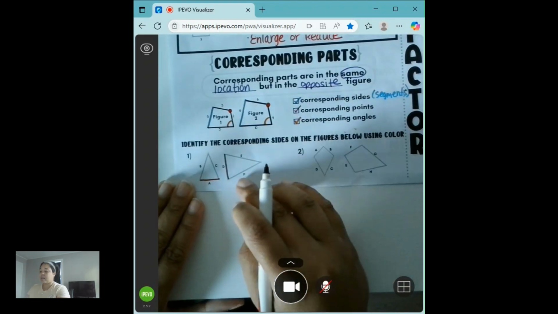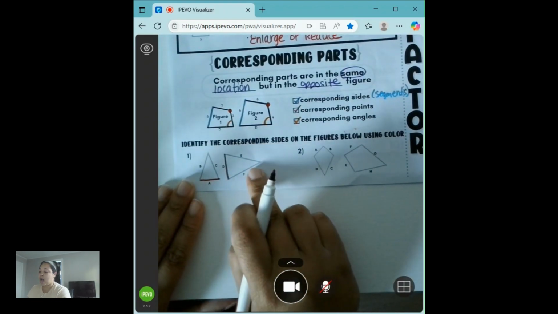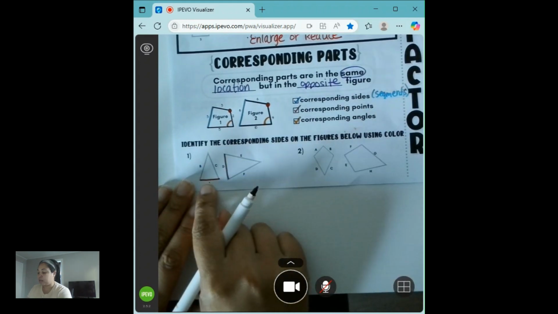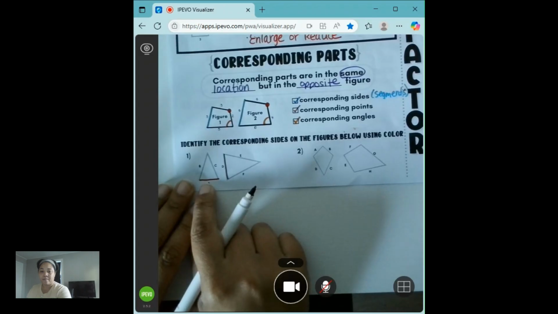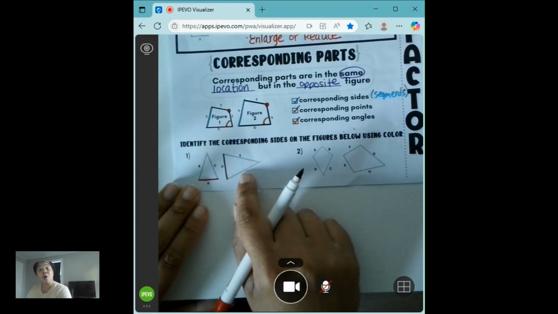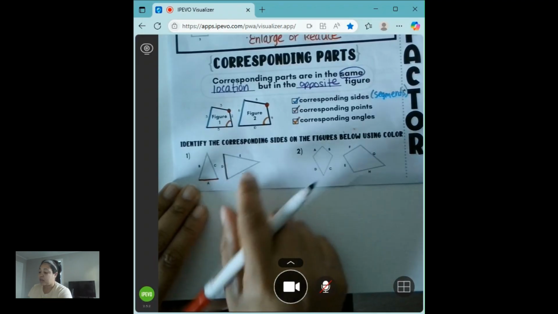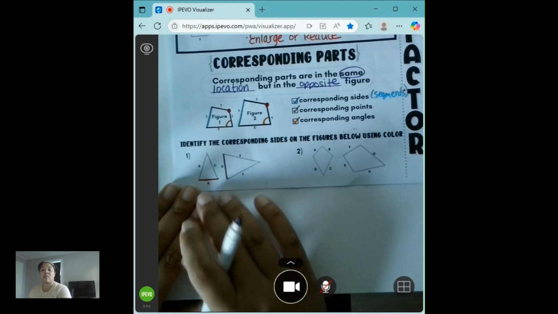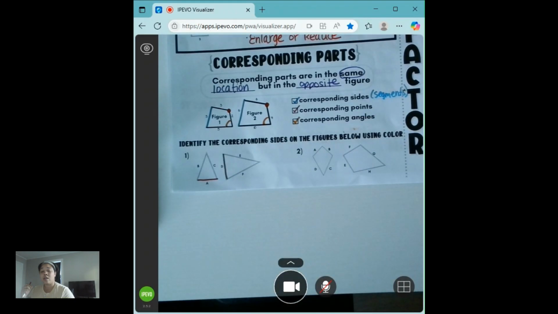Notice that this shape is not right side up like the original, like the figure here on the left. So sometimes it may look rotated, flipped around. That is okay. If you would like to redraw that figure so that it looks right side up to whatever one shape is, that will be perfect.